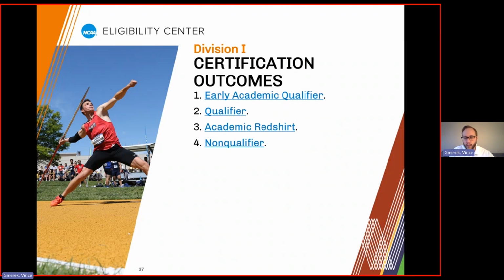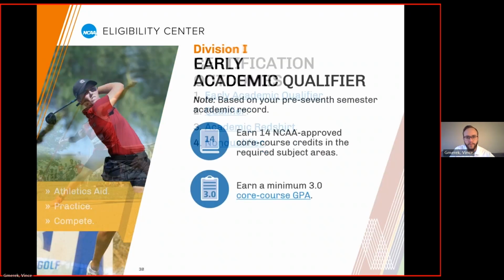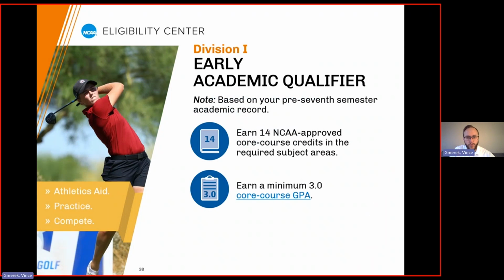So now let's talk a little more specifically about what the difference is between an early academic qualifier and a qualifier. Early academic qualifiers for Division I are students that have earned 14 core courses in the pre-7th semester academic record from their secondary school education and earned a minimum of a 3.0 core course GPA.